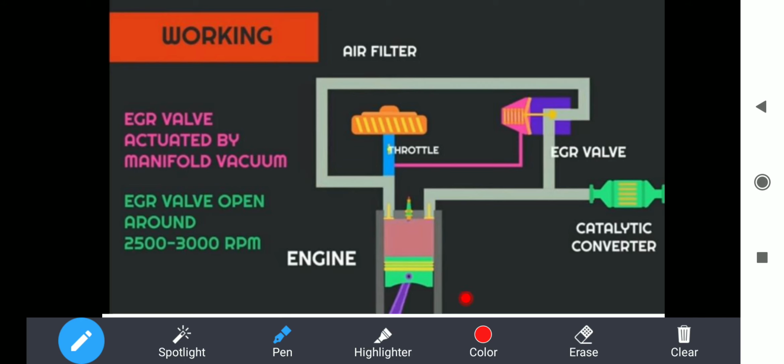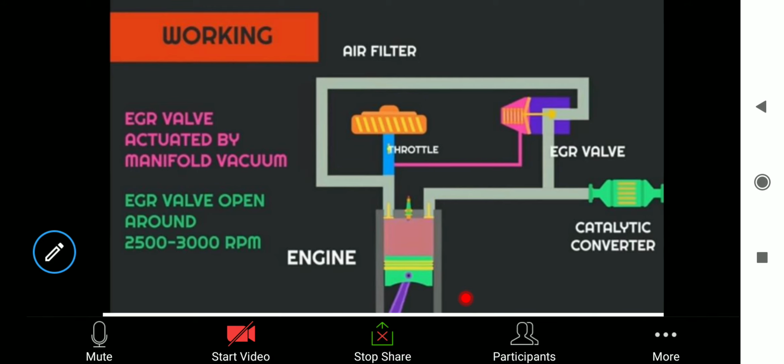This is how, in simple working, I have tried to explain the exhaust gas recirculation system. So this is the concept of the exhaust gas recirculation system we have done here.